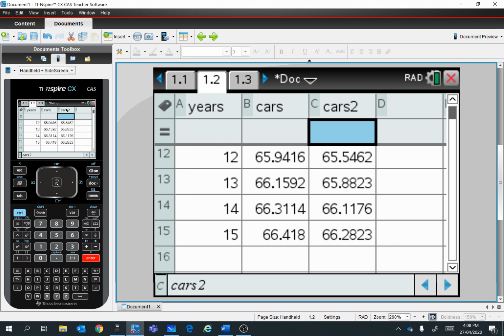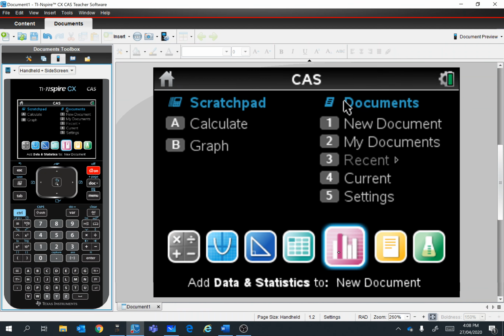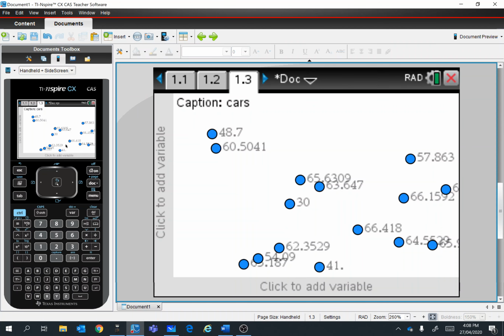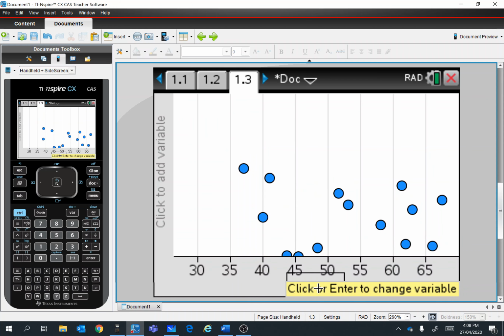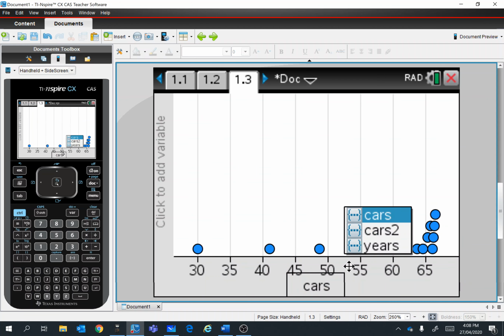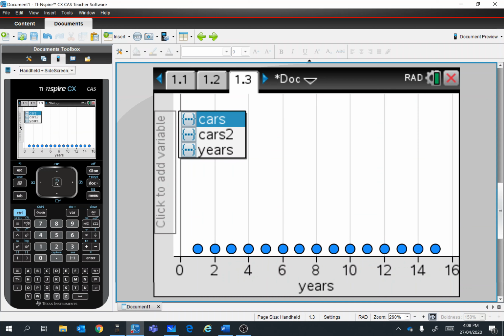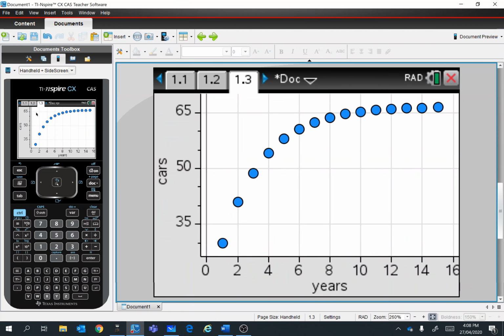So we'll go back out and into the graph. Years versus cars. Now what I want to do is have the new graph on the same graph as this one.